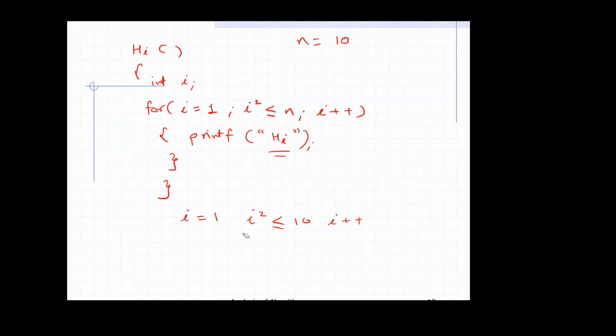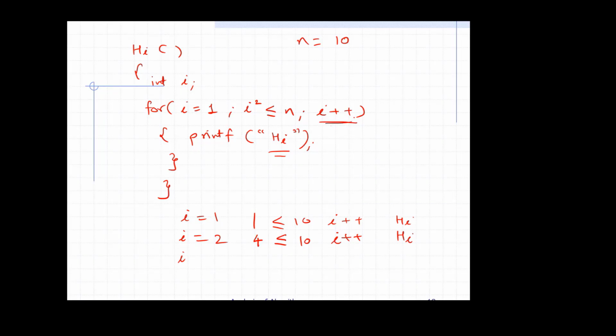When i is 1, i squared is equal to 1. So 1 is less than 10, and it will print hi once. Then i becomes 2. It is going to check whether i squared is less than or equal to n. So it is going to check 2 squared, which is 4. Is 4 less than 10? Yes, then we increment and we print hi.